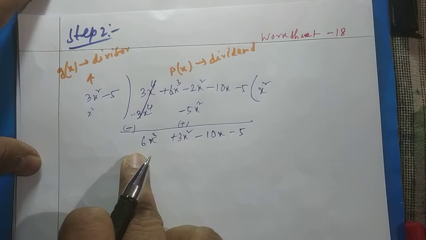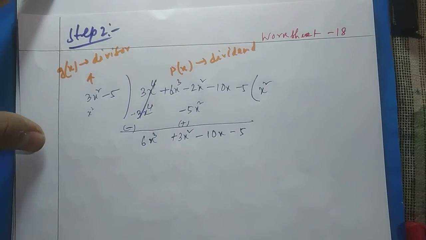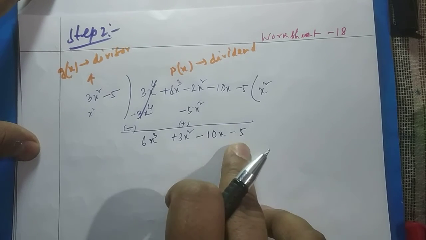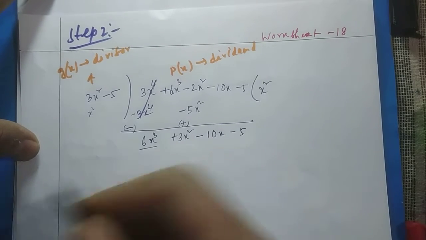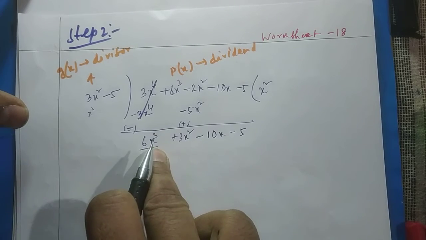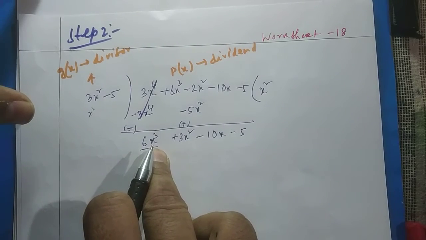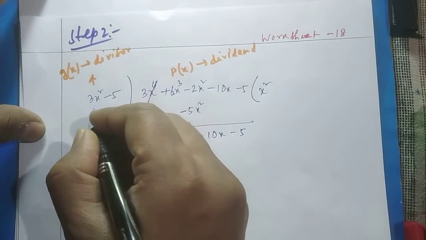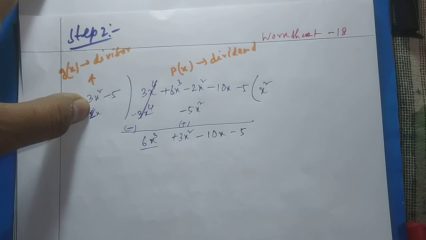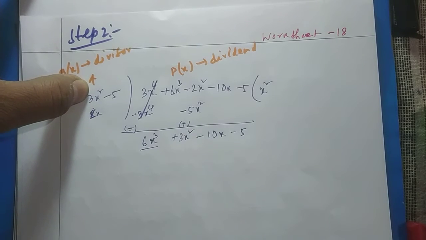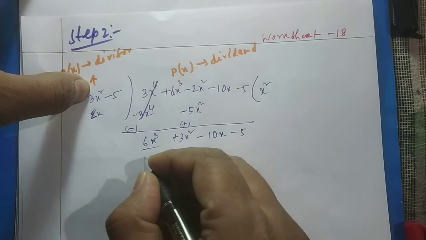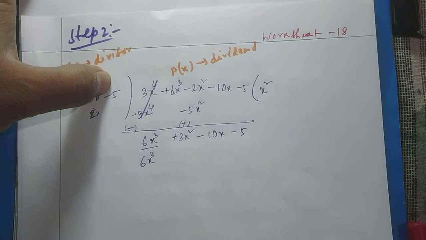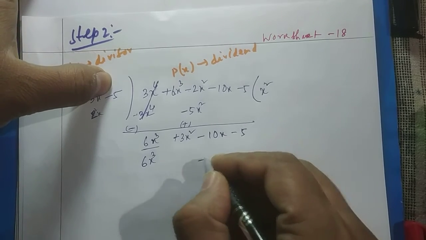Now look at the second term, second step: 6x cube plus 3x square minus 10x minus 5. Here the first term is 6x cube. It is to be cancelled. For this purpose, you have to multiply the divisor with 2x. Correct? 2x into 3x square, what will be? 6x cube. So we are getting the same term. Similarly, 2x into minus 5 will be minus 10x.